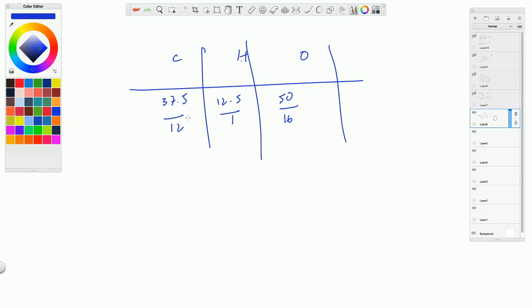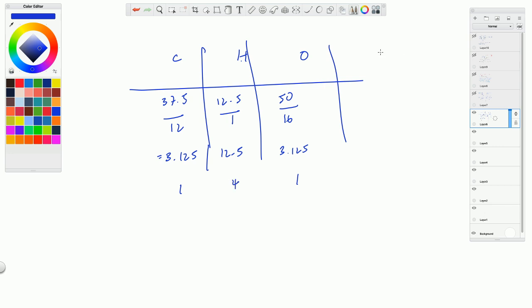So 37.5 divided by 12 equals 3.125. This one is 12.5. 3.125. Okay, and then you divide by the smallest number. So of all three of these, 3.125 is the smallest number. So you get a ratio of 1, 1, and 12.5 divide 3.125, you get 4.